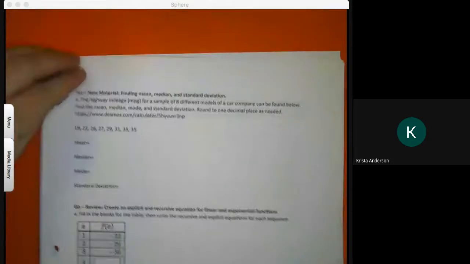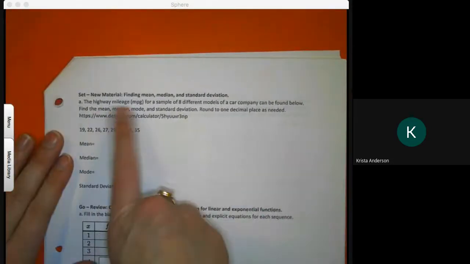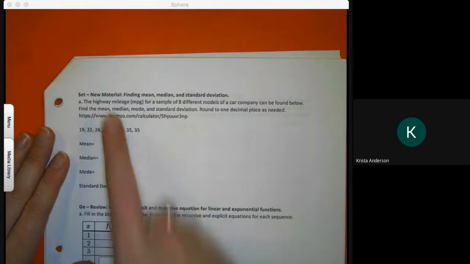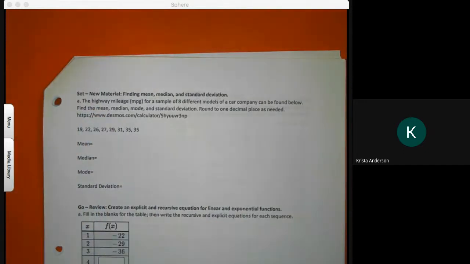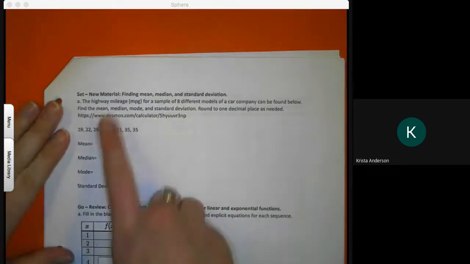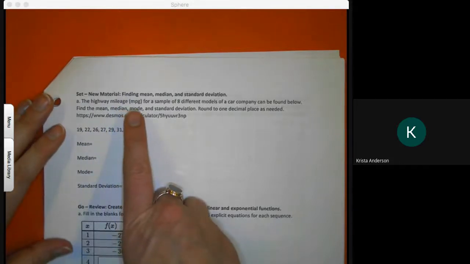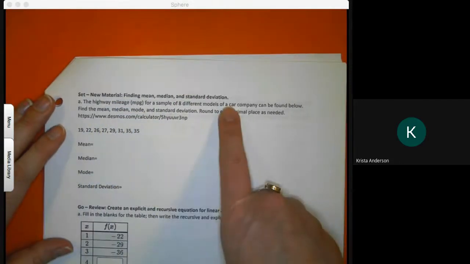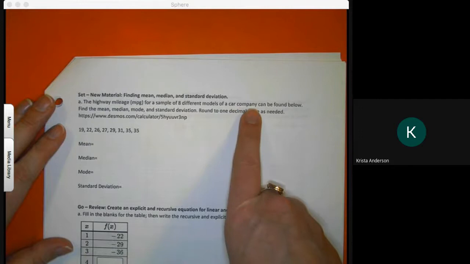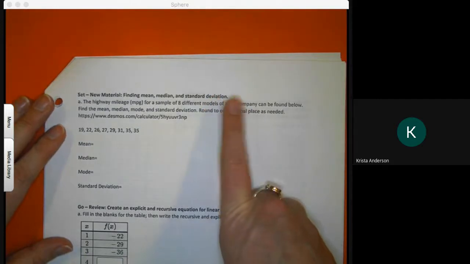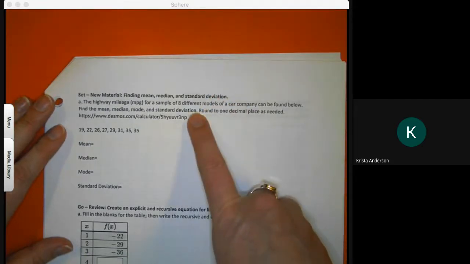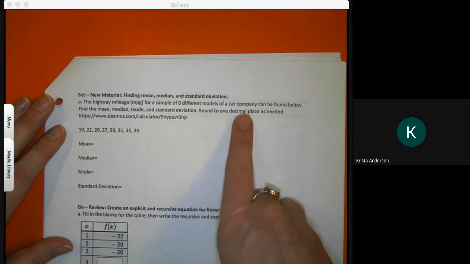For our first section for the set, we are going to find the mean, median, and mode. It says that the highway mileage, miles per gallon for a sample of 8 different models of car companies can be found below. Find the mean, median, and mode and standard deviation. Round to 1 decimal place as needed.